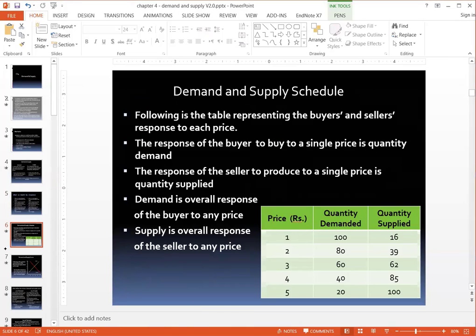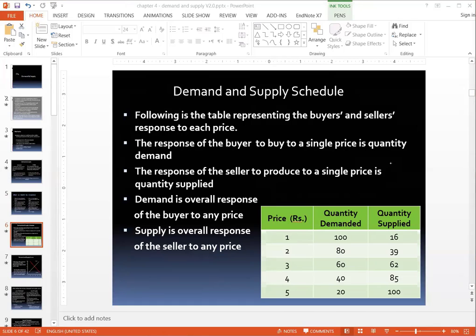So now we'll check how they are made in a graph. What is the graphical representation of this demand and supply? Following is a table representing buyers' and sellers' response to each price.